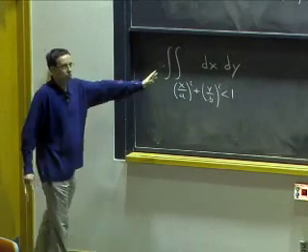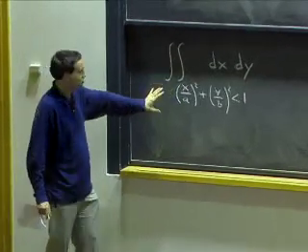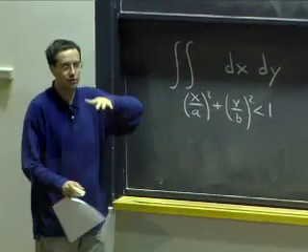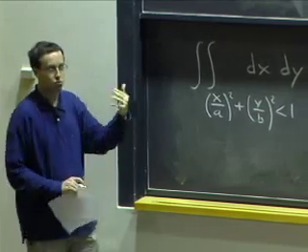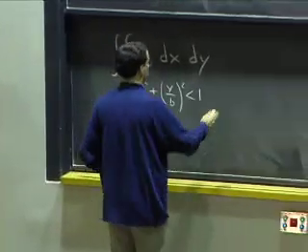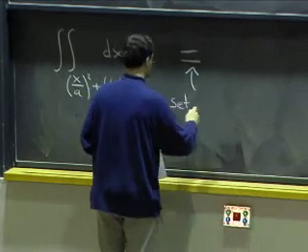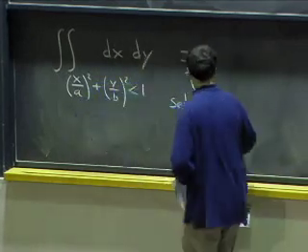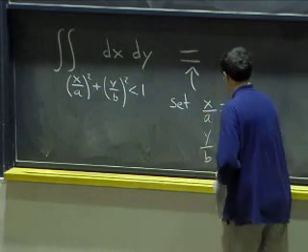If this were a circle, we would switch to polar coordinates. Well, we can't quite do that yet. But an ellipse is just a squished circle. So maybe we want to first rescale x and y by A and B to reduce to the case of a circle. So to do that, what we'd like to do is set x over A to be u and y over B to be v.